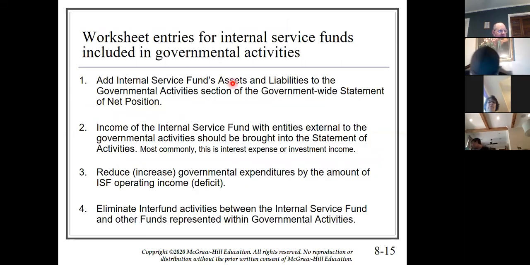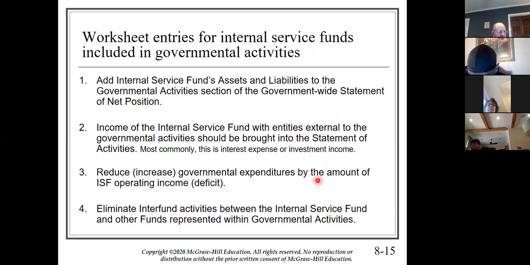Add internal service funds, assets and liabilities. Add the income of the internal service fund. Then government expenditures were recognized as revenue by the internal service fund and as an expenditure by the governmental funds.